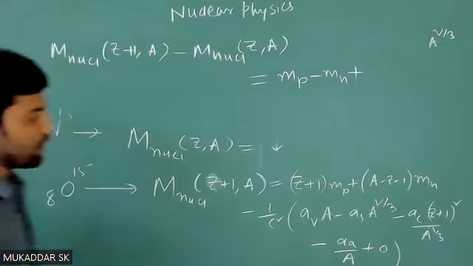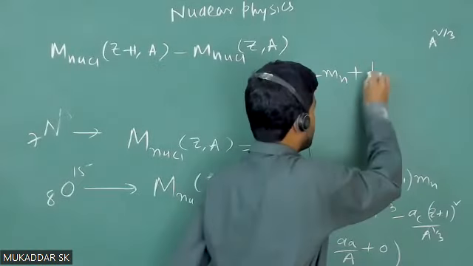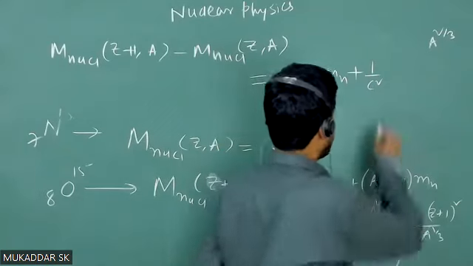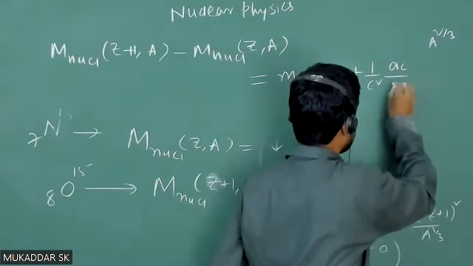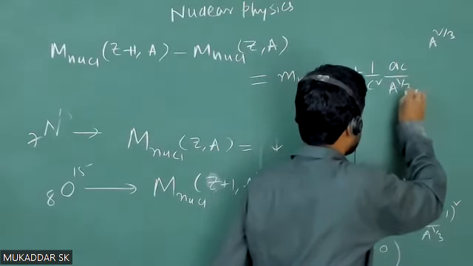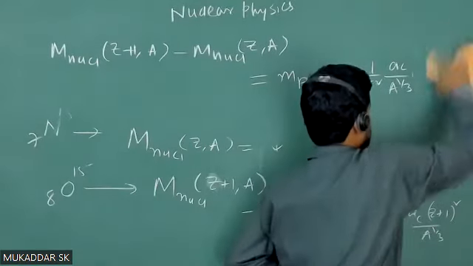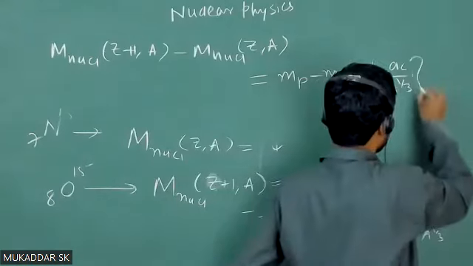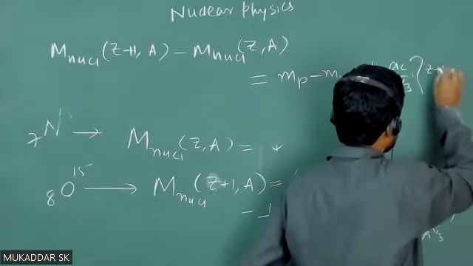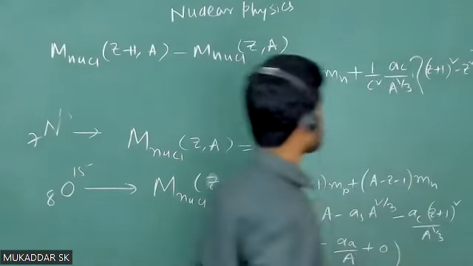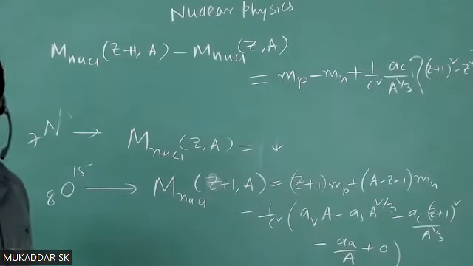So if you write combinedly for the two terms, you will get this factor. Please check it: 1/c², and then you will have a_c by A to the power 1/3. Please check and tell me if I make any mistake here. Then you will have (z plus 1) square minus z square.